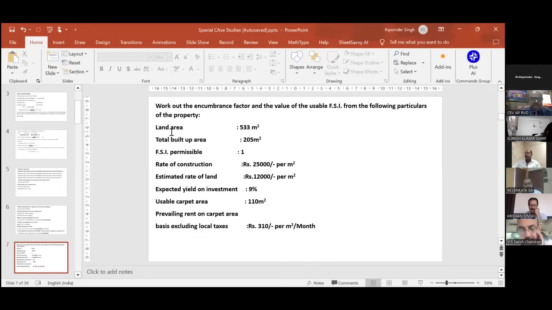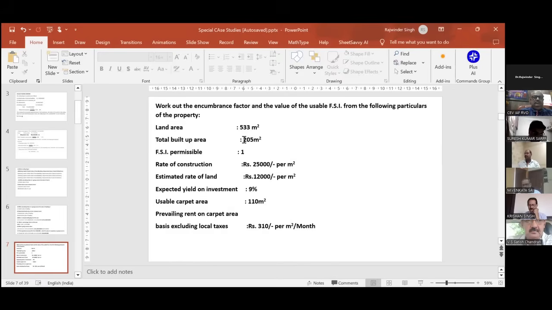You have to find encumbrance factor. Please read it once again. Okay, see.